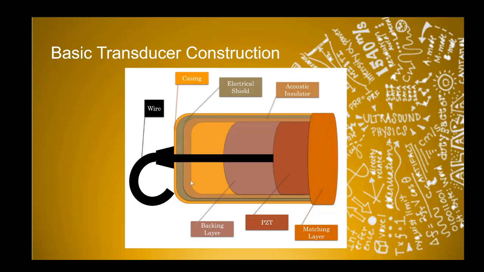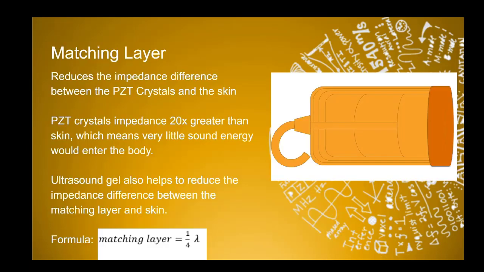The acoustic insulator keeps all the sound energy created by the transducer in the transducer, where the electrical shield is going to protect outside stuff coming into the transducer. And then lastly, we have the housing or the casing, which is that plastic part that you hold on to when you're scanning. So let's take a look at each of these components in more detail.